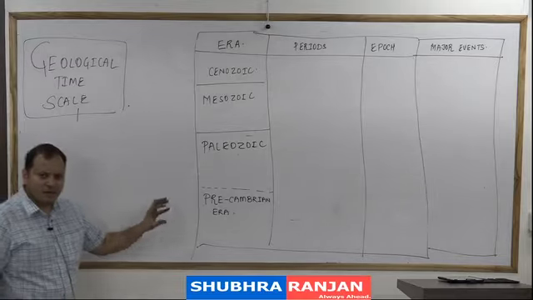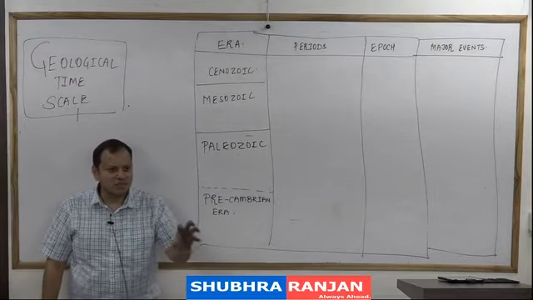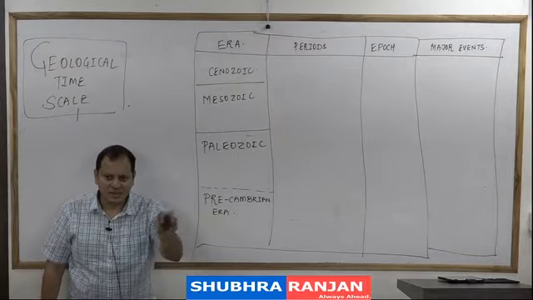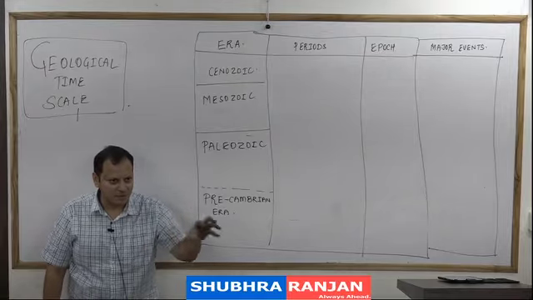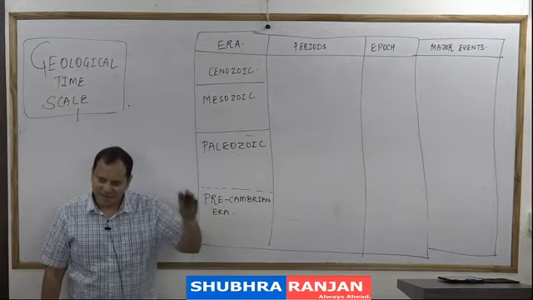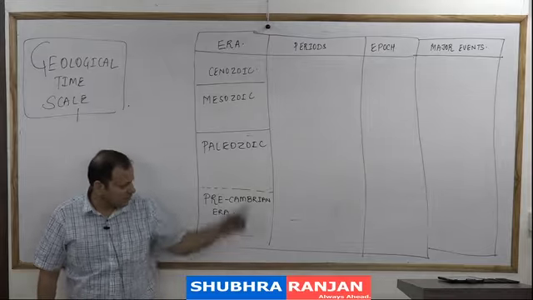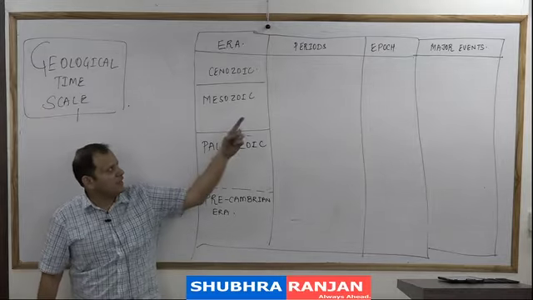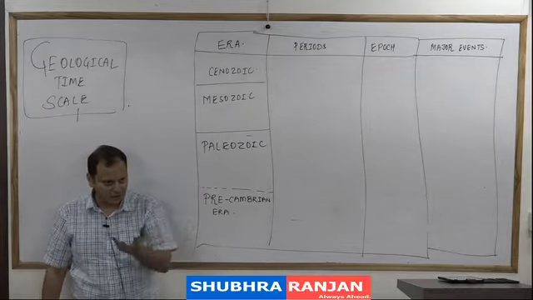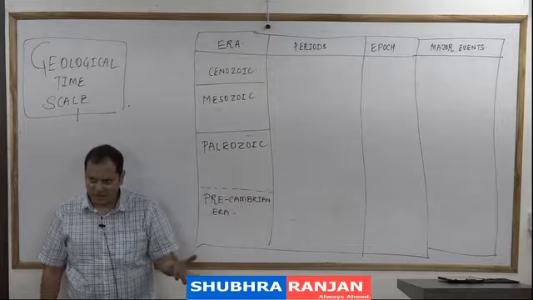Simple English word है. Paleo means old, Meso means middle, Ceno means recent. यही पूछेगी UPSC, arrange them in the decreasing or increasing order of the age. They will give you era, period, epoch, etc. and ask you to arrange them in the decreasing or increasing order of the age.